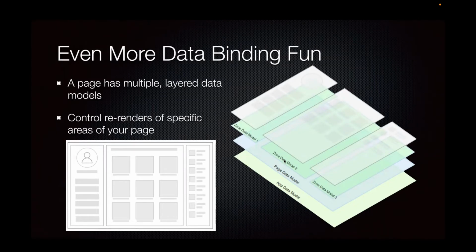But if you put something into page data, then the entire page will be re-rendered whenever page data is modified. And then for busier UIs, especially if you have a lot of different UI elements, having specific data models for individual zones would be very, very important. And the question is, how can you accomplish that where an individual part of a UI has its own data model?